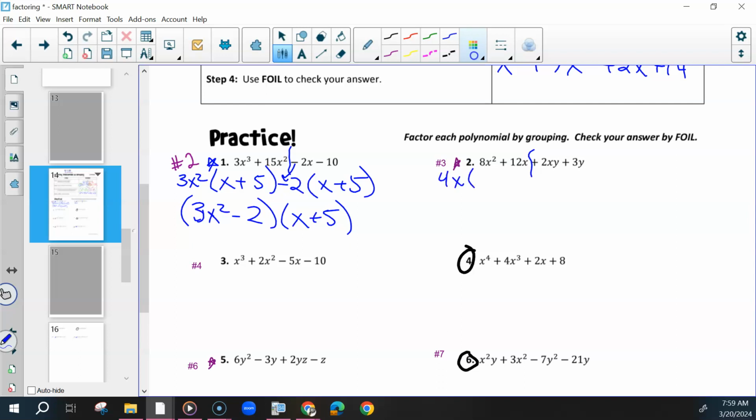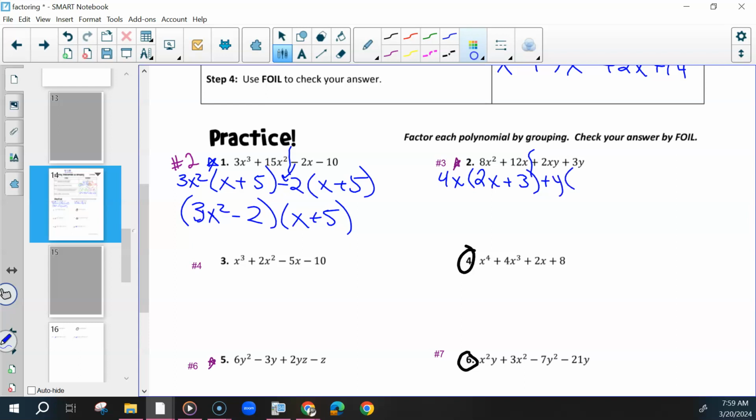And then if we divide out 4x, what's left? 2x plus 3. And then it's going to be a plus, because this one is a plus. Do they both have a 2? They have a y, not a 2.